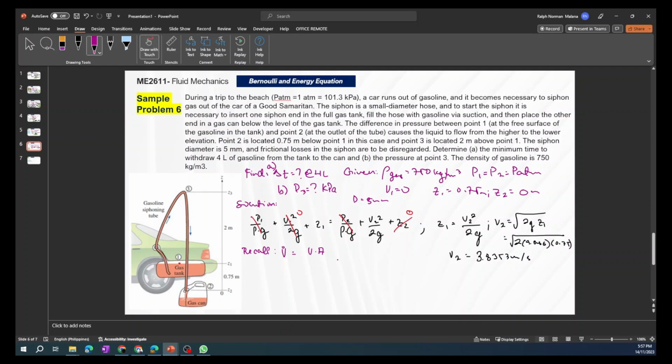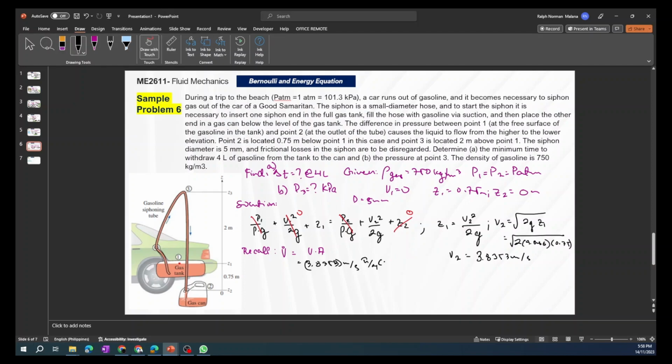All we have to do here is get the volume flow rate. So we simply substitute our V2 here, 3.8353 meters per second times pi over 4 d squared, so 5 millimeter, which is essentially 5 divided by 1000.